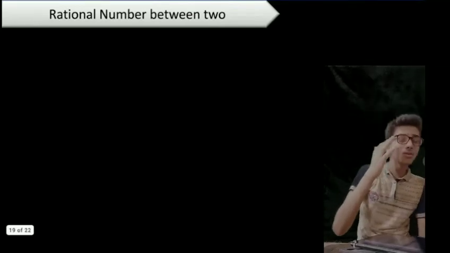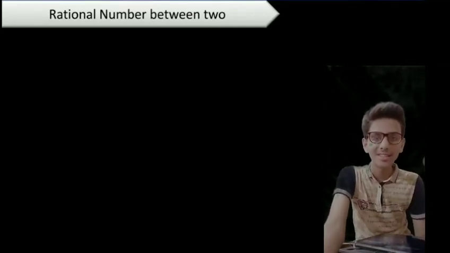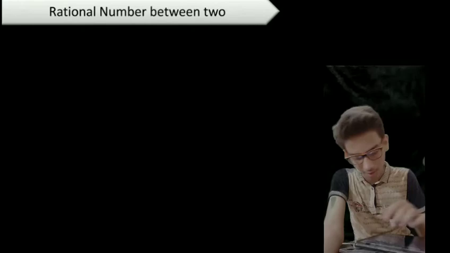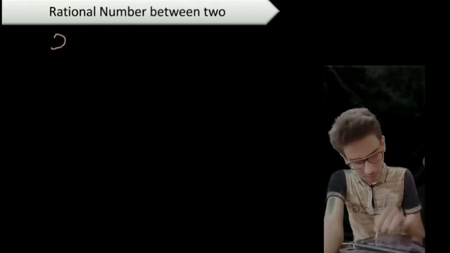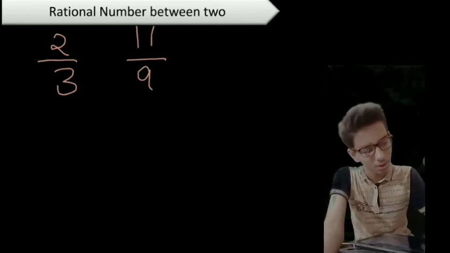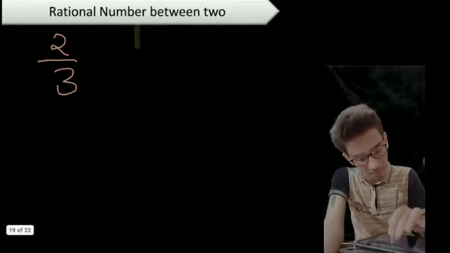Let's see if we need to find out the rational number between two numbers. This is just the equivalent property we have learned, right? We are going to learn the same thing again. So we know the equivalent property: 2 by 3, 9 by 11. Let's take these two numbers, right?